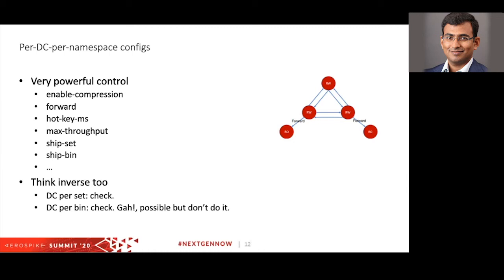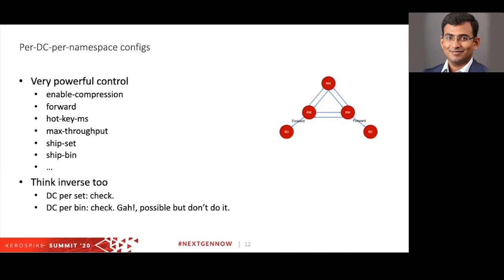The set level filters can also be specified now at the per DC per namespace level. And we added a bin filter, which is kind of new. We are calling it a bin projection filter. This is different from the delta bin shipping that we had in the past.